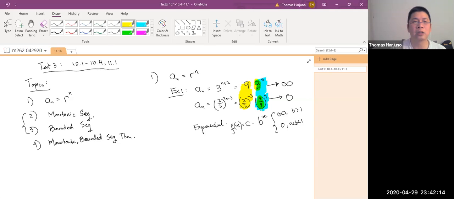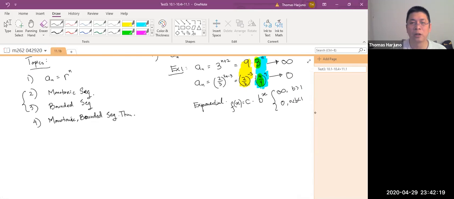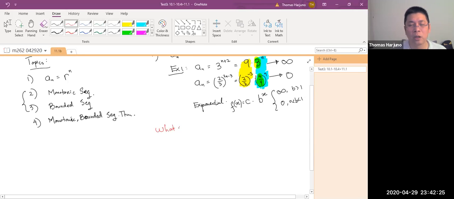Now, the thing is, because this is a sequence instead of a continuous function, we may consider what if the b is negative. Actually, before I do that, what if b equals 0?